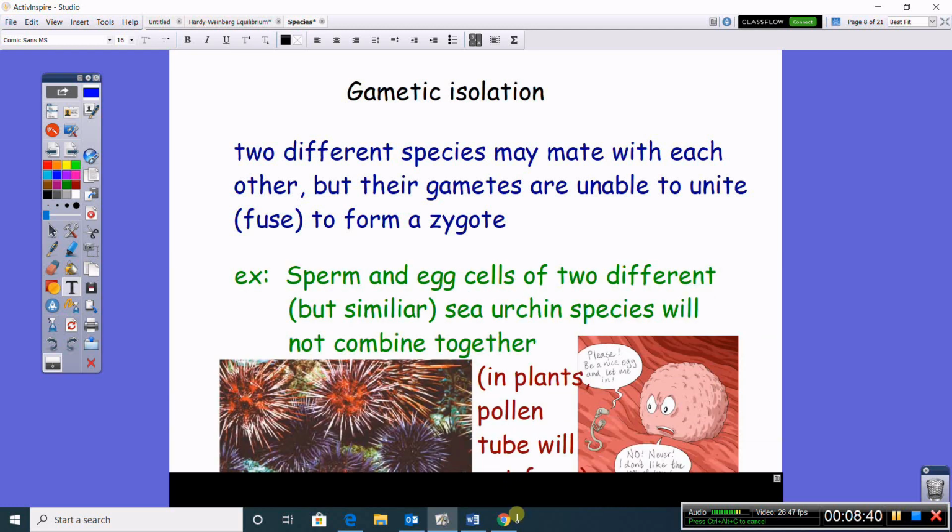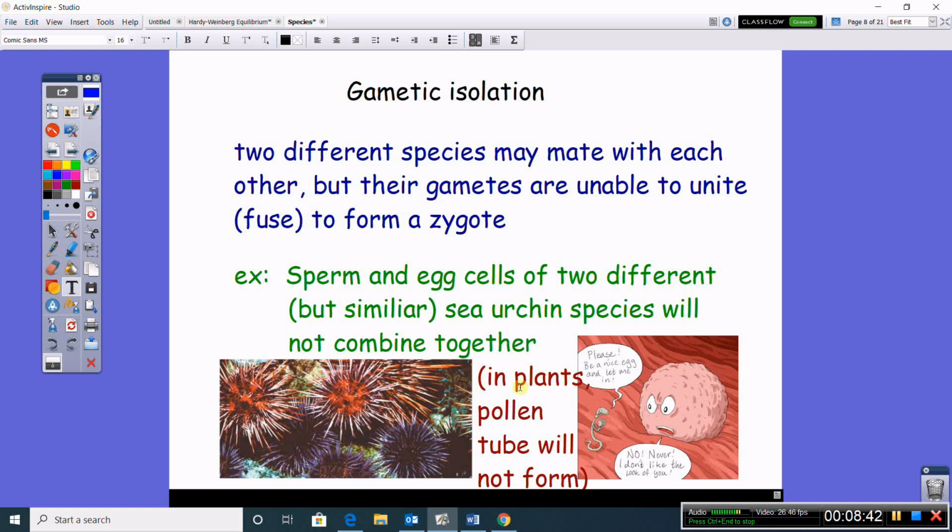So we see this with sea urchins, and then I'll explain the plant example as well. Sperm and egg cells of two different but similar species of sea urchins, so these are sea urchins down here and they're two different species, will not combine together.